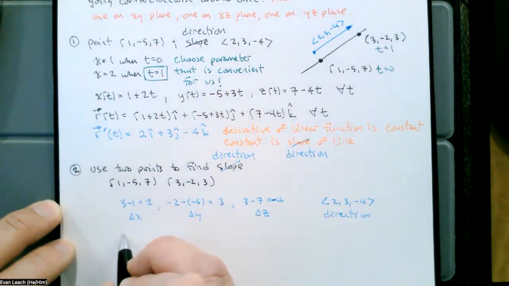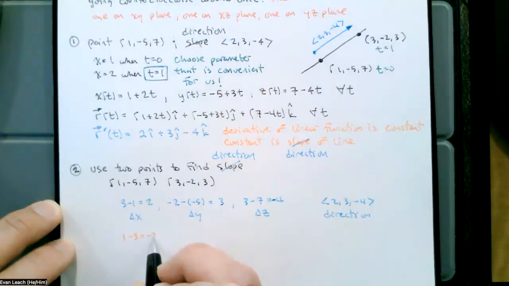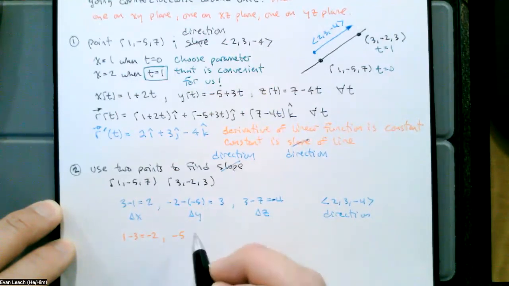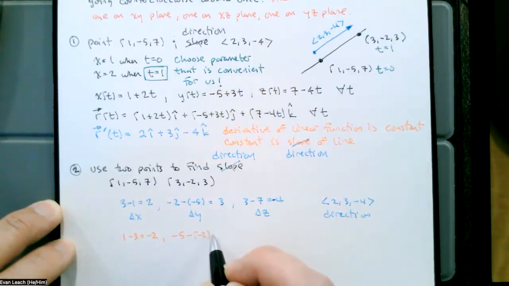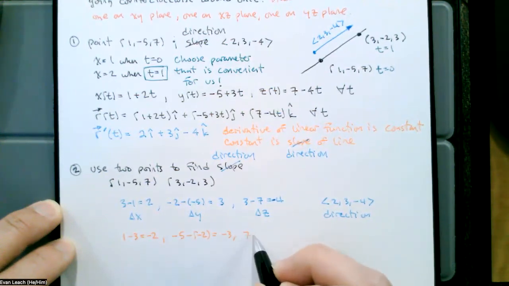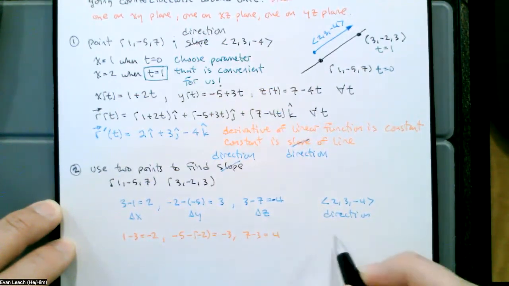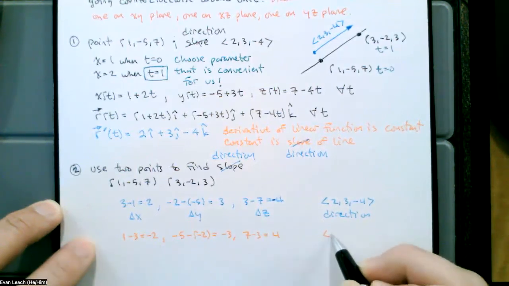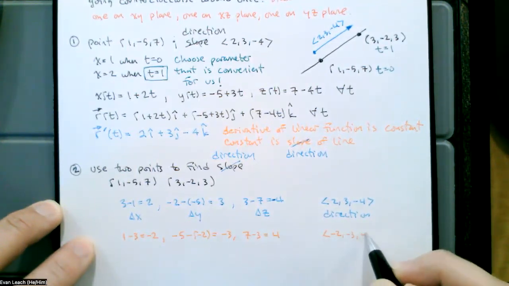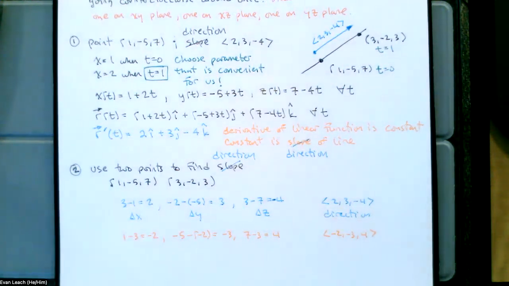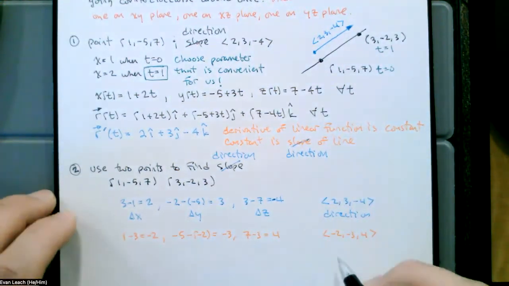If we did 1 minus 3, that's -2. And if we did -5 minus -2, that's -3. And 7 minus 3 is +4. So we ended up with <-2, -3, 4>. That's still parallel to our original. This would just be the y direction.